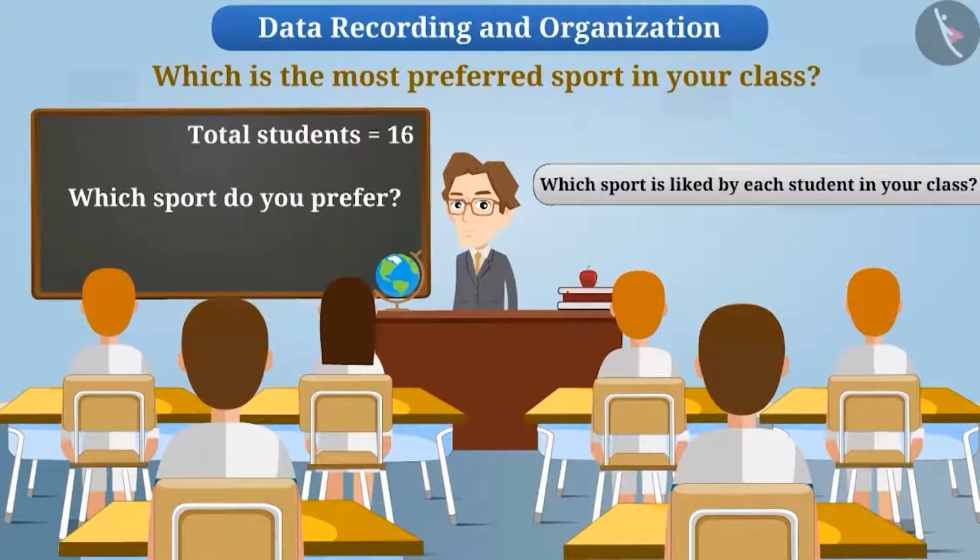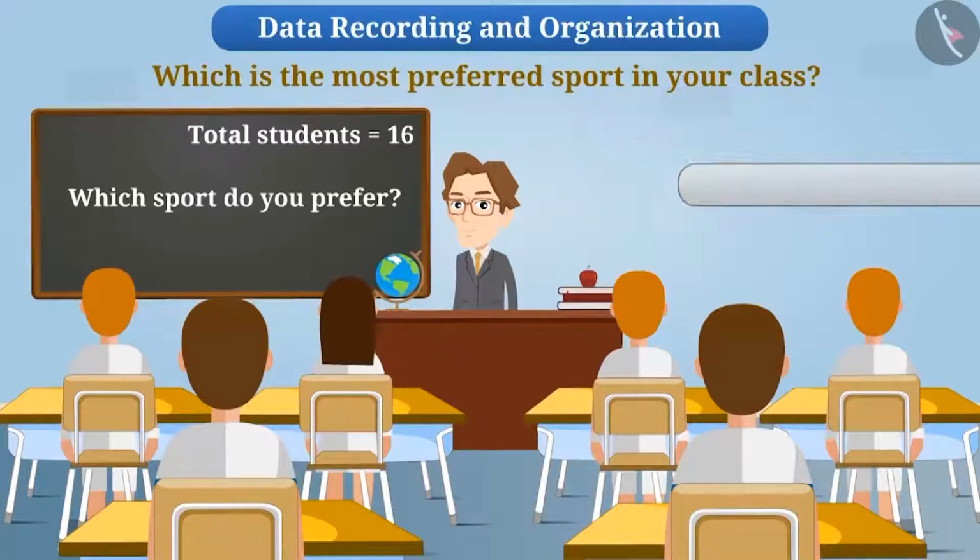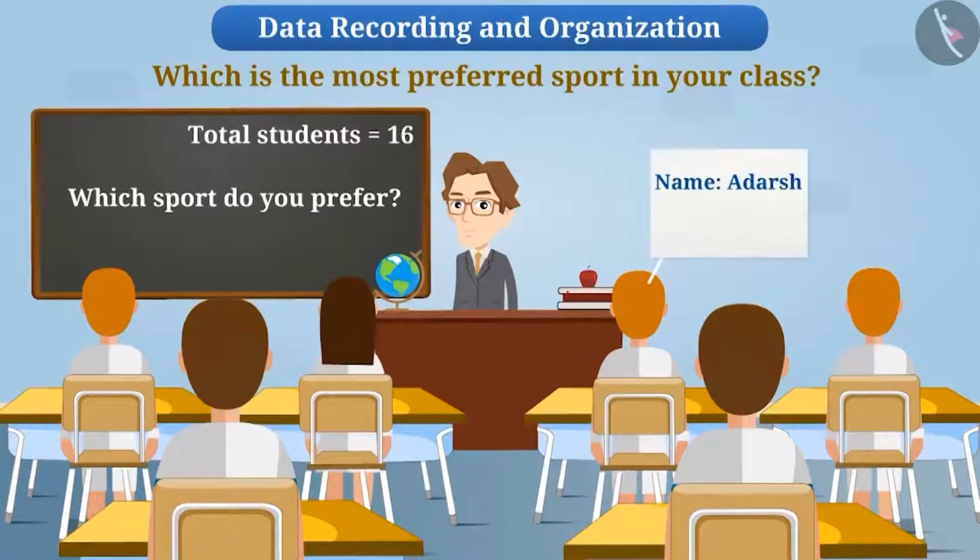You can ask each student about their preferred sport, or you can use some convenient method or device like writing their name and preferred sport on a slip. By using any of these methods, you will know the preferred sport of each student.